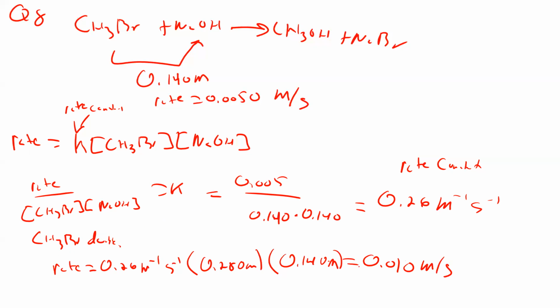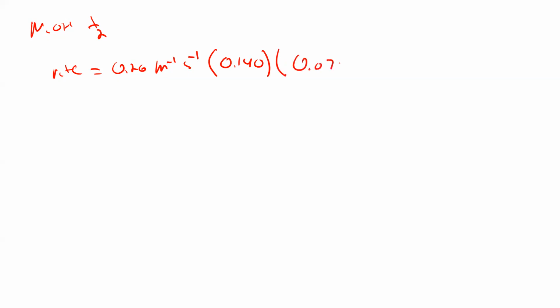I'm going to have to go on to the next slide because I'm running out of room, unfortunately. So if sodium hydroxide is halved, we have the rate equals K, which is 0.26 per molar per second, times 0.140, the original concentration of methyl bromide, and then half of the sodium hydroxide would be 0.070.